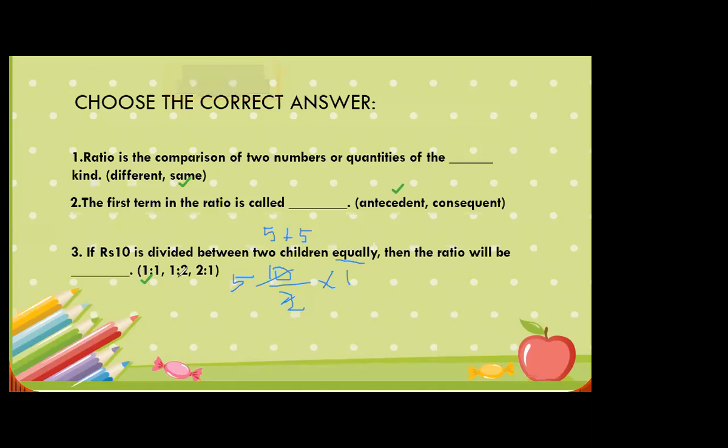That means 1:1. If equally is written, we have to divide the amount equally, so the ratio will be 1:1. Got my point? Everything is clear?